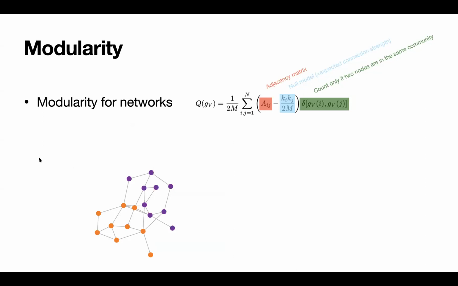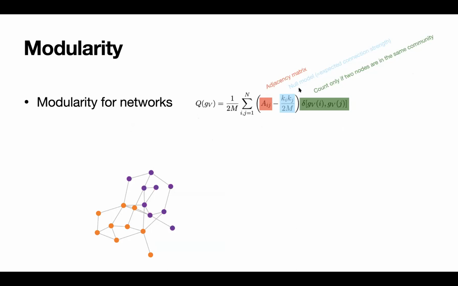Usually there are many different ways to find such an optimal partition for graphs. One of the most widely used is modularity, which probably most of you are aware of, but I'm going to talk about it very briefly. If we are given a partition, how do we define the modularity? We count over all pairs of nodes, and we only count them if the two nodes are in the same community. What we sum up are the adjacency matrix elements, which are 1 if there is an edge and 0 if there isn't.